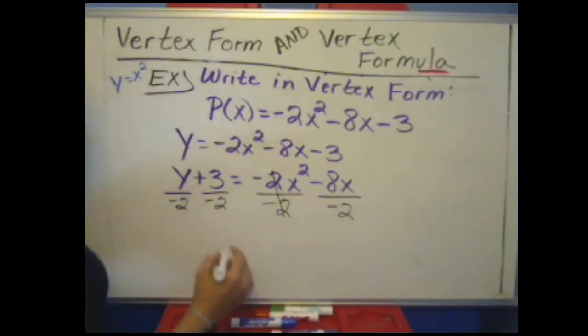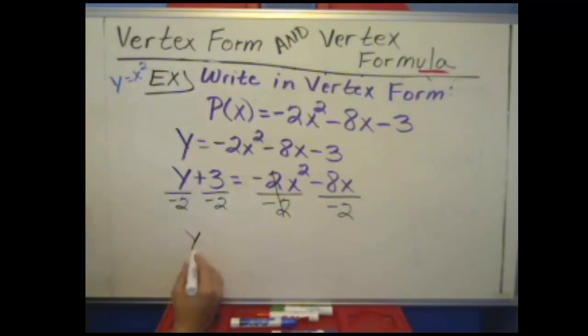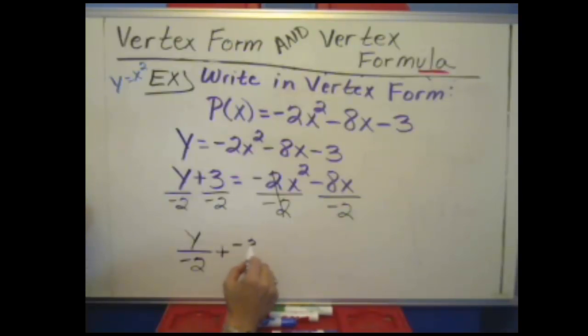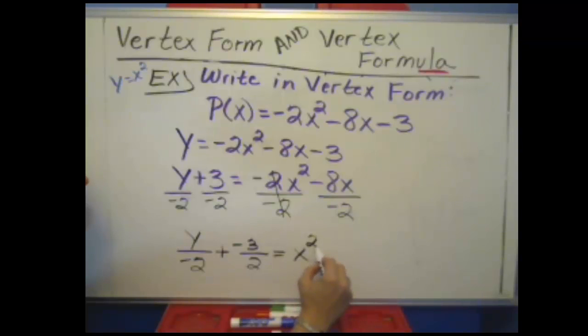This will give us y over -2 plus a -3/2 equals x squared plus 4x. Now we've prepared this problem for actually completing the square.